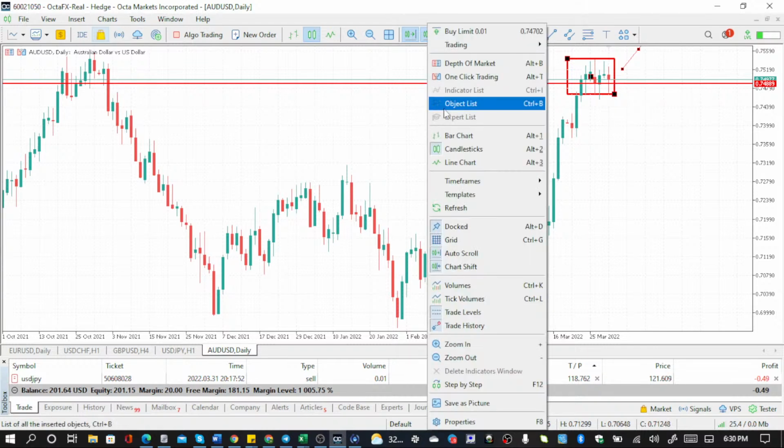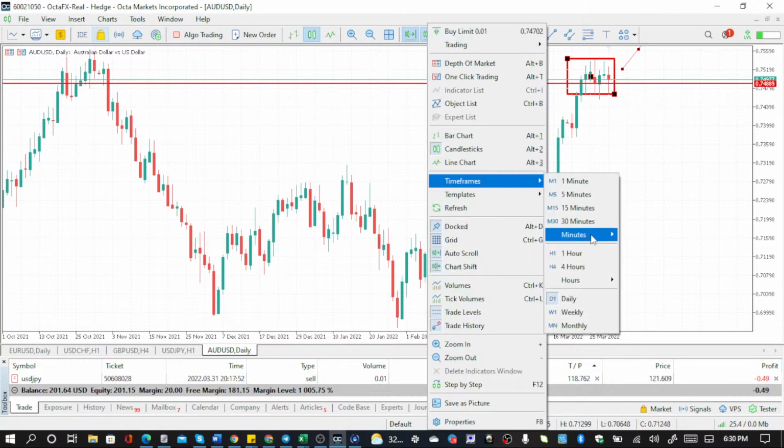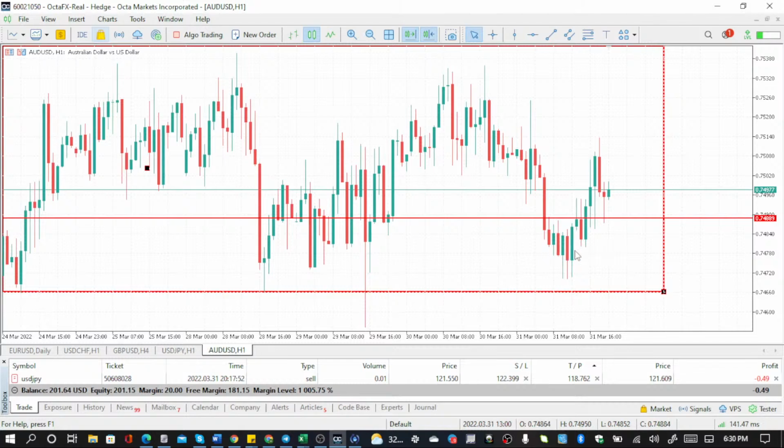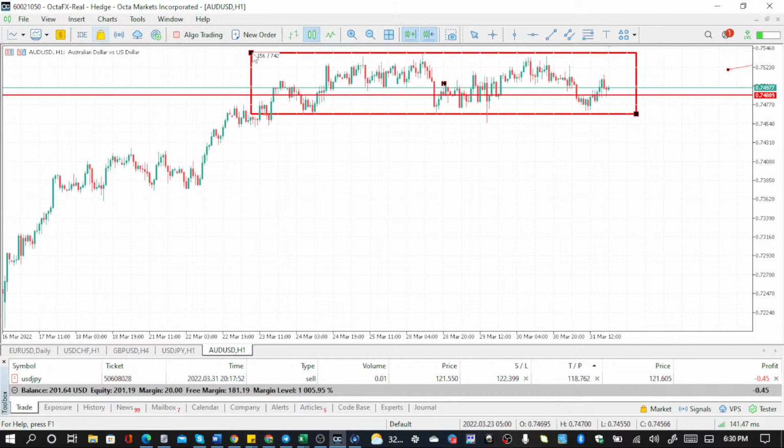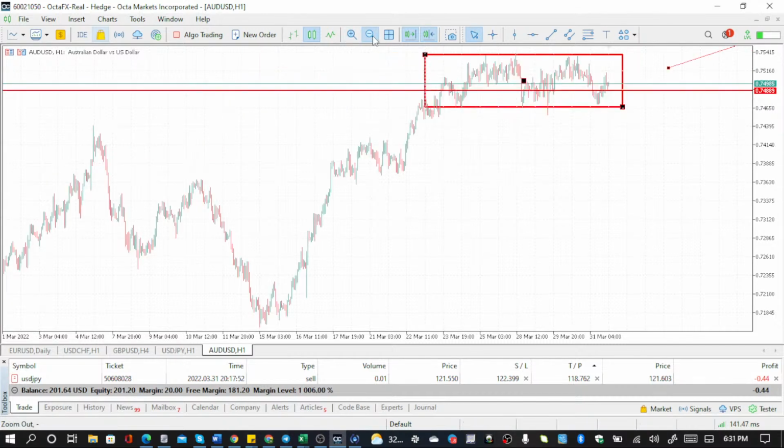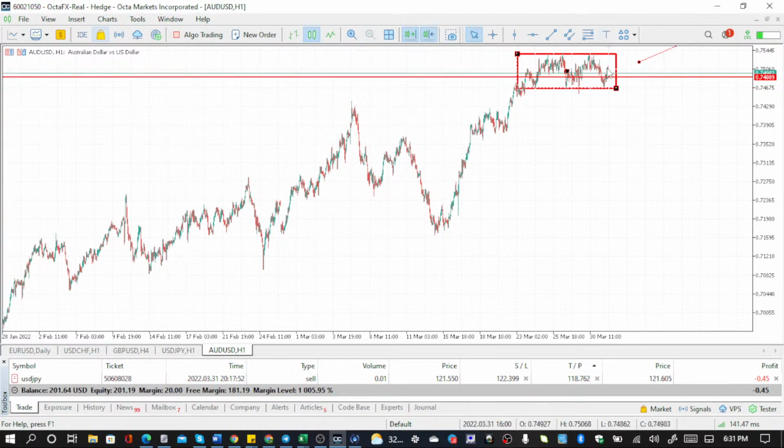Now let's look at what the 1 hour time frame is telling us. From here there is no clear direction from the market. There are two things you can do in this market, one of which is patience. You have to wait.